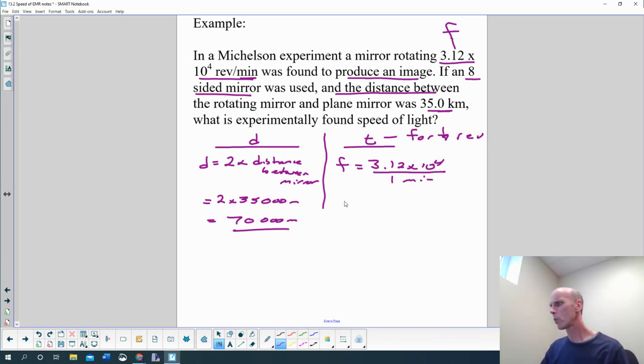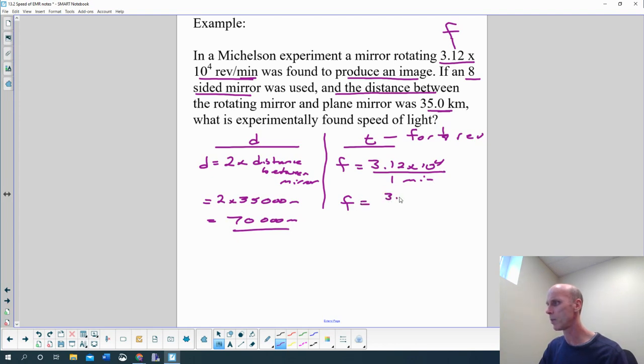The order that you do this is not critical. But what I might do right now is, I don't like the idea that I've got minutes in here, so I might convert my frequency from cycles per minute to cycles per second right away.